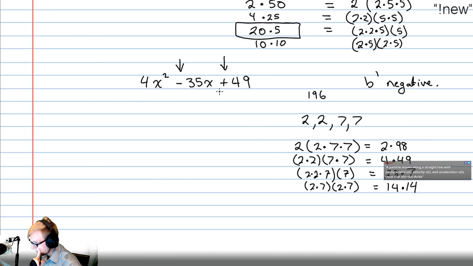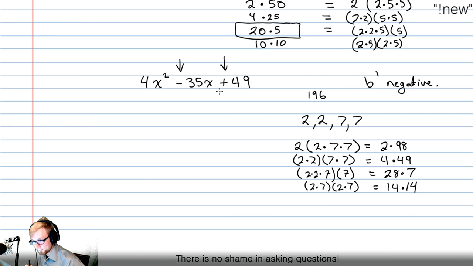But what about the 49? That's positive. So what does that mean? That both of them would have to be negative, right? Yes, because a negative times a negative is a positive. Right. So which numbers add together to give you 35? 28 and 7. Perfect.